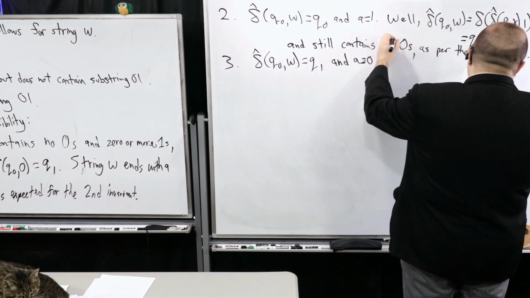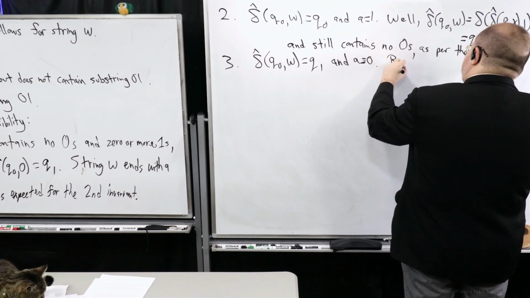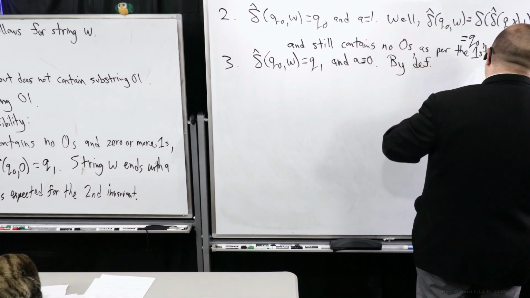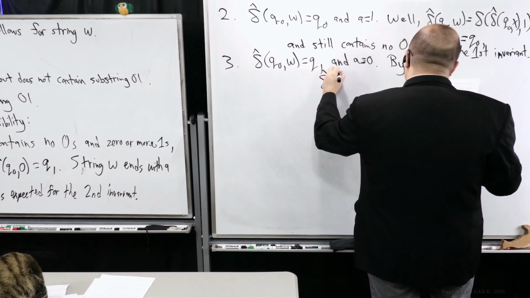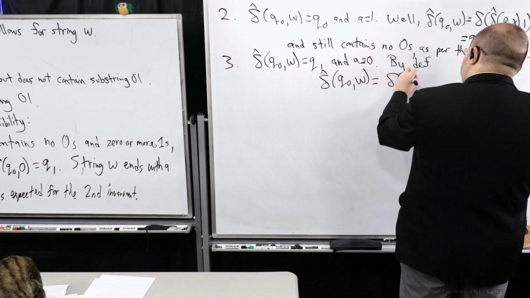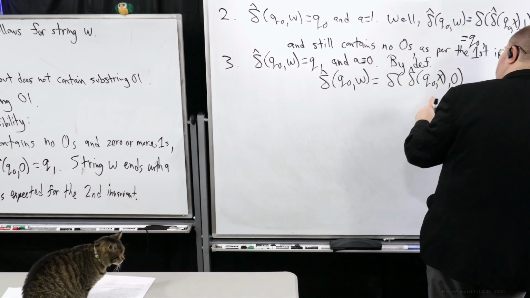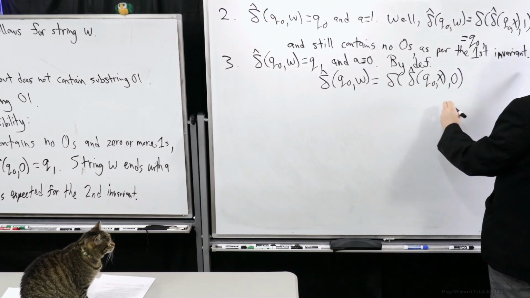So next, by definition, delta hat q0 W is equal to delta of delta hat q0 X, reading a 0. We already know this is Q1.